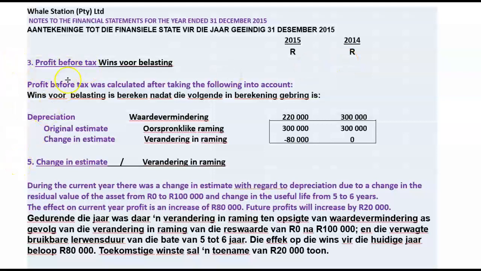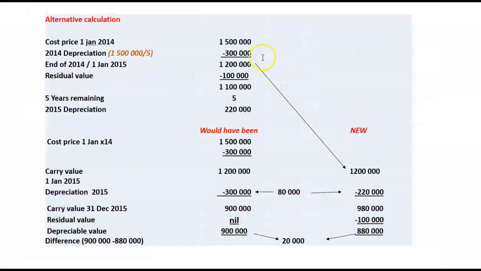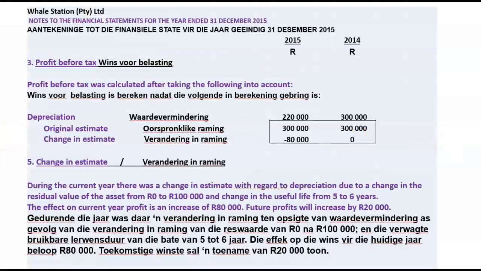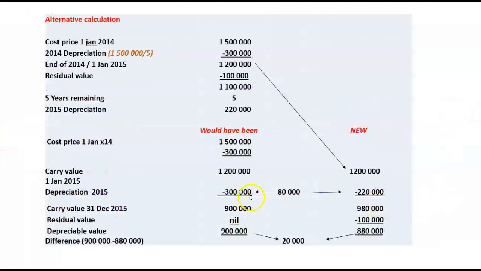Profit before tax note. Profit before tax was calculated after taking the following into account. Depreciation, and now we have to split original estimate and change in estimate. How much depreciation did we write off last year? We wrote off 300,000 Rand worth of depreciation last year, and that was the total amount. If we did continue in the old way, how much would we have written off this year?